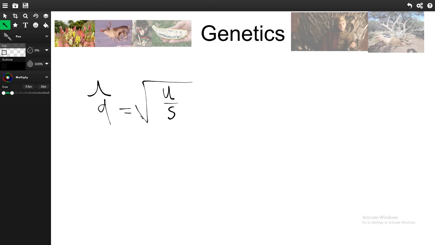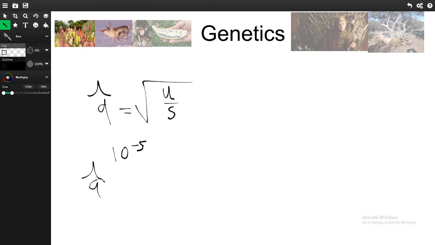But let's look at a genetics problem where we can use this. Let's say that there's a lethal allele that has a mutation rate of 10 to the negative 5. That's the mutation rate. And we could say, what is the equilibrium frequency if this is the mutation rate?